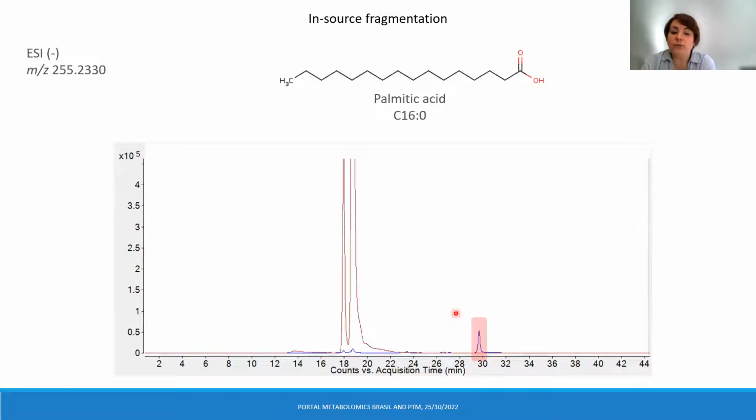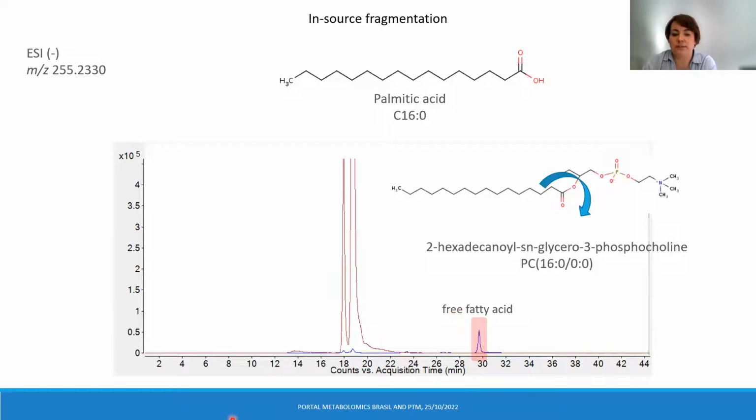And what we figured out is that this peak is a free fatty acid, free palmitic, but for example, these two peaks of palmitic acid, in fact, are palmitics that were released from lysophosphocholine containing 16 carbons with no double bonds.